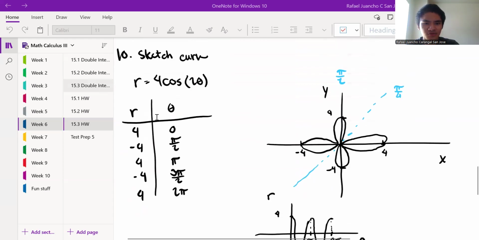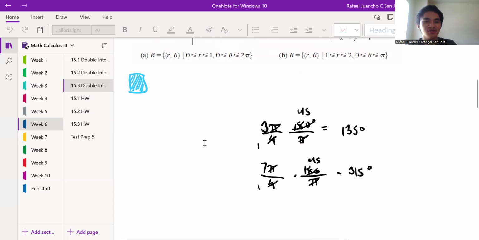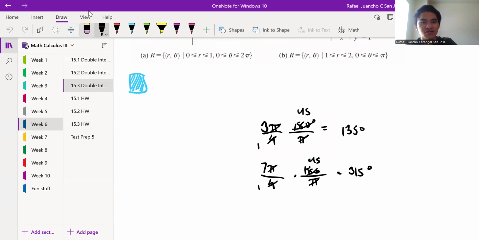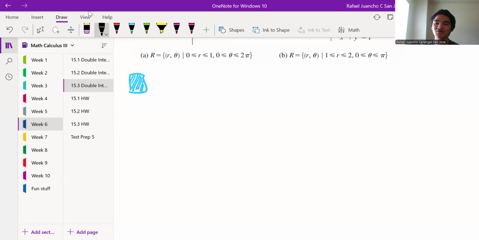Okay, now let's move on to actually talking about the double integrals because in the previous video, more or less, we just tried to do a brief review of what exactly are polar coordinates since I haven't actually done it before. What exactly are polar coordinates? How can we use them instead of XY? What makes them useful in some way?